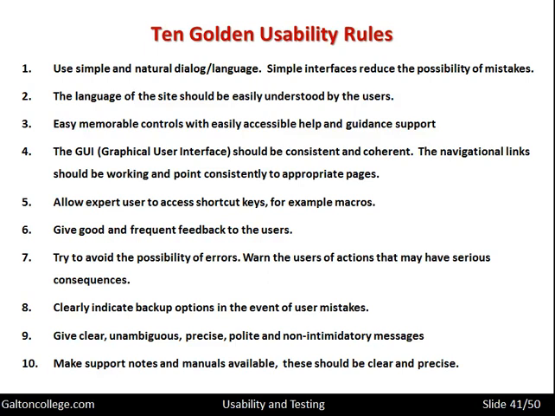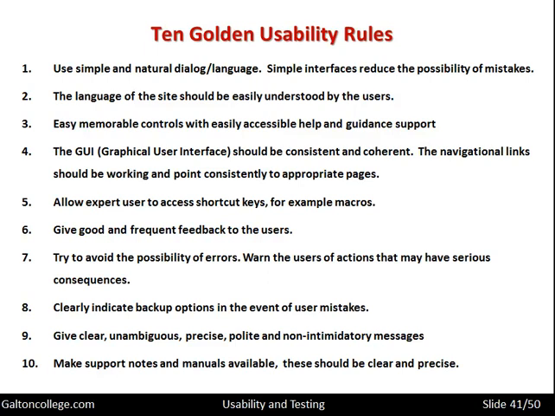Give good and frequent feedback to the users. 7. Try to avoid the possibility of errors. Warn the users of actions that may have serious consequences. So tell the users if they are about to make a big mistake that's going to cause a problem for the computer or for them. So try to avoid the possibility of errors.